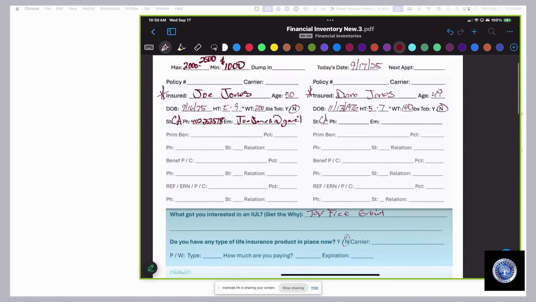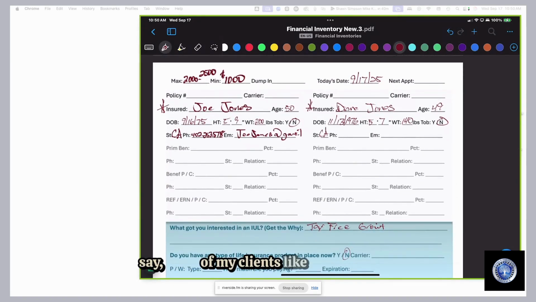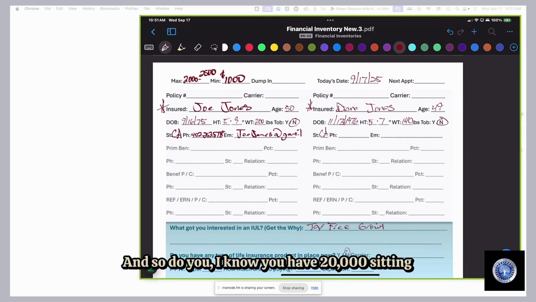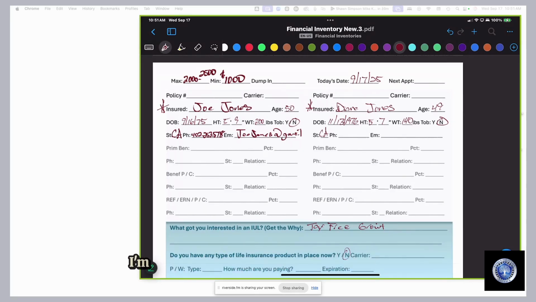So now what I'm going to do is I'm going to say most of my clients like to kickstart it really fast. And so I know you have 20,000 sitting in a bank account in your savings. I'm sure that's for emergency purposes only. But most of my clients, as you probably already know, would not spend the whole 20,000 if there was an emergency, especially like a roof or a furnace or an AC goes out.